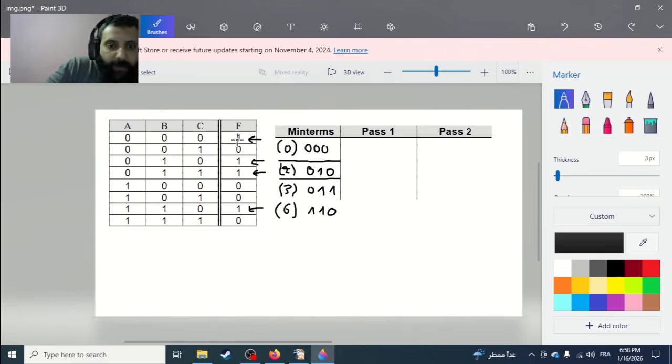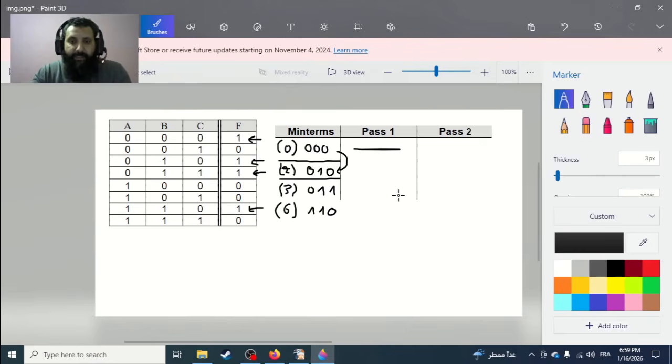We have our 4 mean terms. We created the first column. To pass to the next column, we have to compare each pair of groups. We compare this group with this group. If we are able to aggregate, to use the theorem T10 and eliminate one variable, we have to write it here.